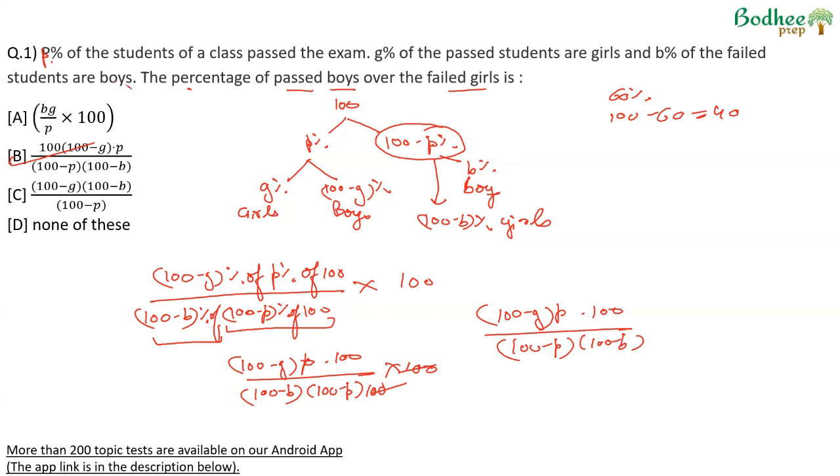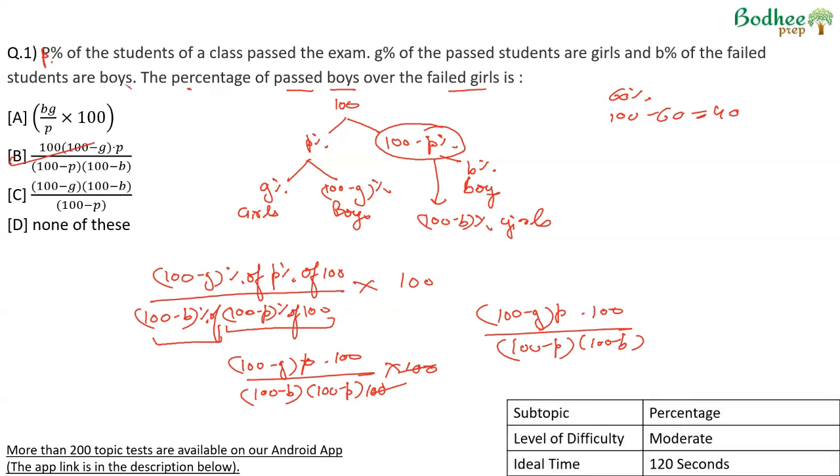Now, in terms of level of difficulty, I'd call it a moderate level of question because it is easy to get confused as to the base for which each percent is calculated. What is the base for this G% can create a bit of confusion. Also, there is sometimes this attempt that we make where we try to assume values and solve.